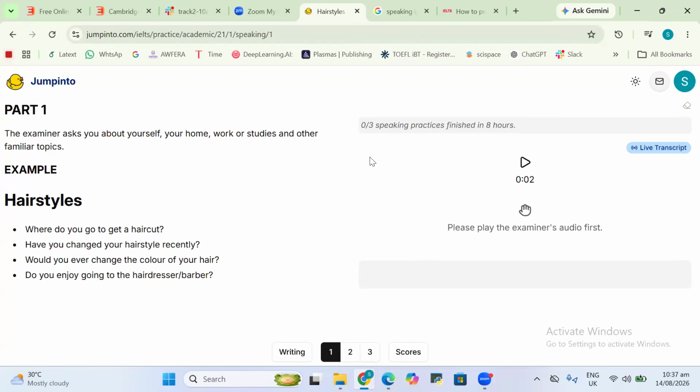So that's why I will not try to change the color of my hair, because I like the natural color, the way we have the color of hair. Okay, so that is much better as compared to the previous one.